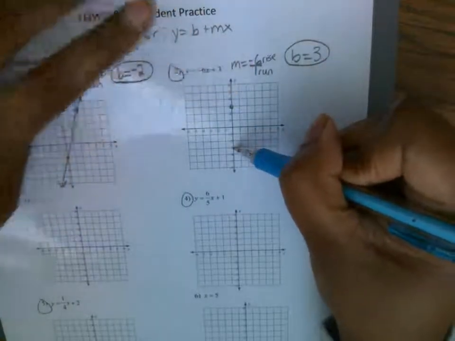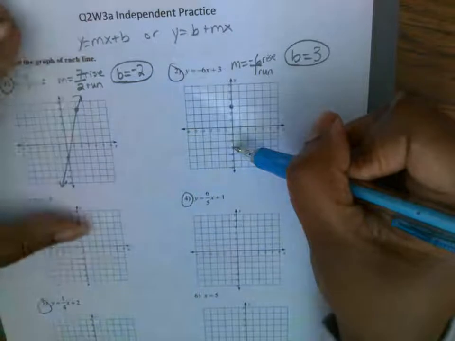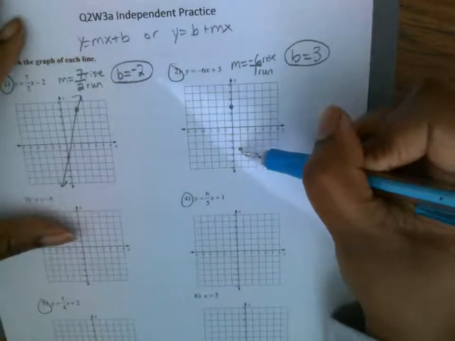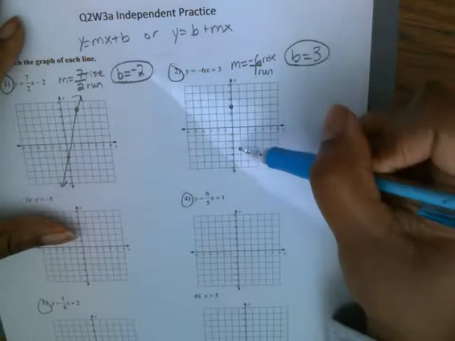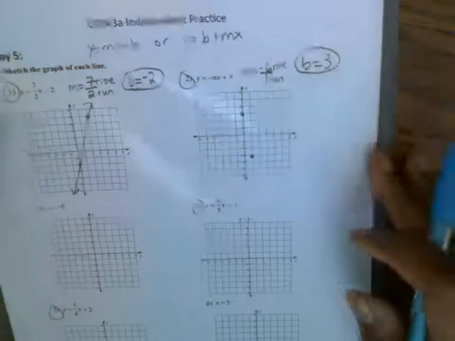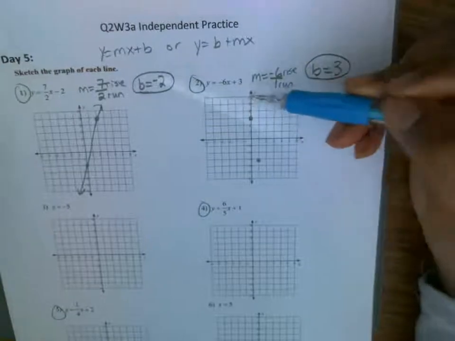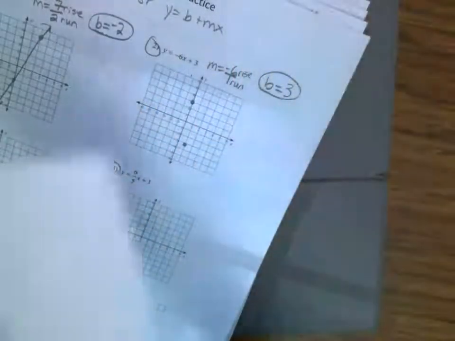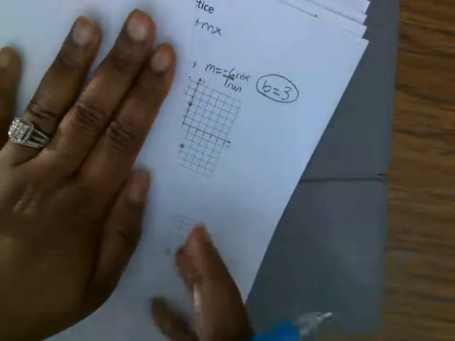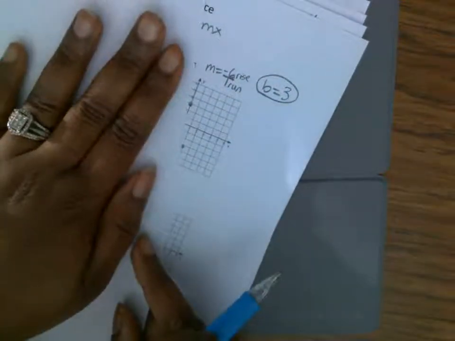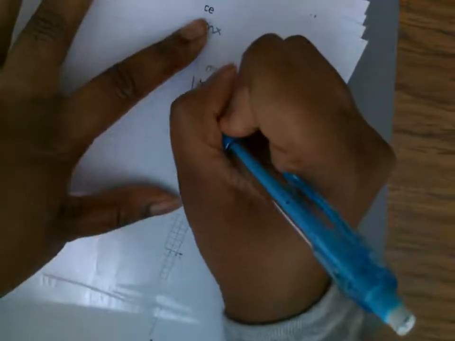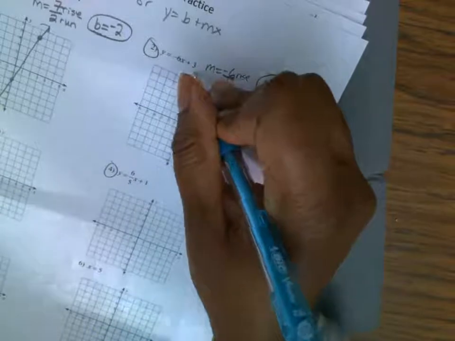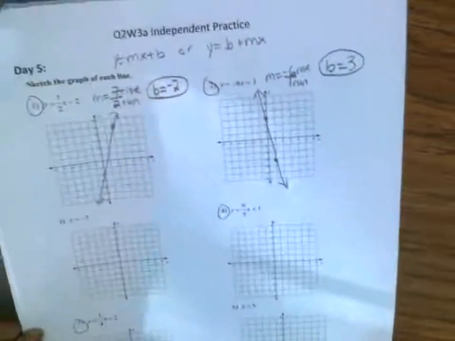And positive 1 means I go to the right 1 time. If I had enough space to do that again, then I would go ahead and do it again, but I don't have enough space. And I don't have enough space to do it backwards this way. So I'm just going to connect these 2 points. Any questions about graphing here?